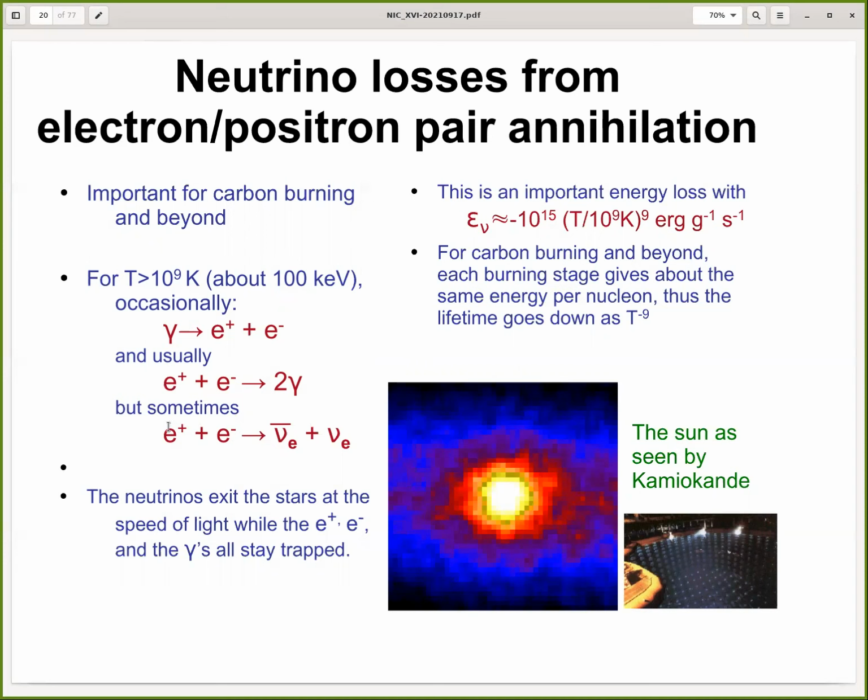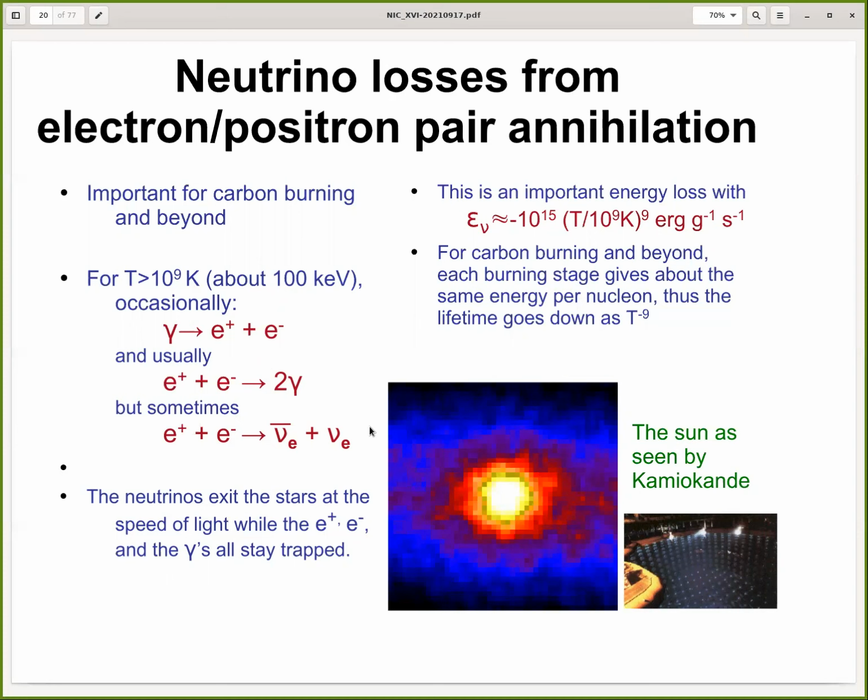Sometimes, when these come together, they can make neutrino-antineutrino pairs. And similar to what we had for hydrogen burning, the neutrinos escape and therefore we are losing energy. We also have this process that happens in the plasma of the gas that leads to some loss of energy from making neutrino-antineutrino pairs that directly escape from the star without interacting.